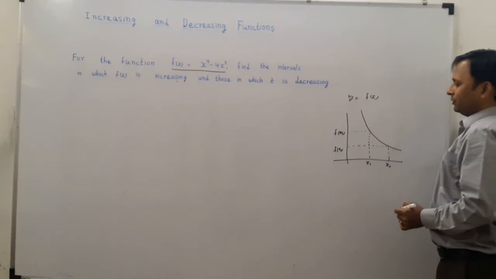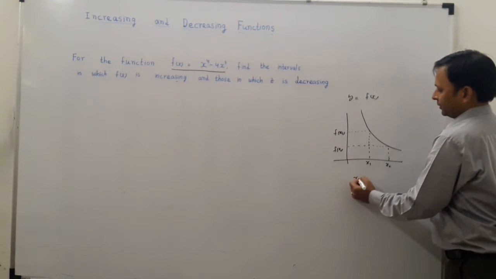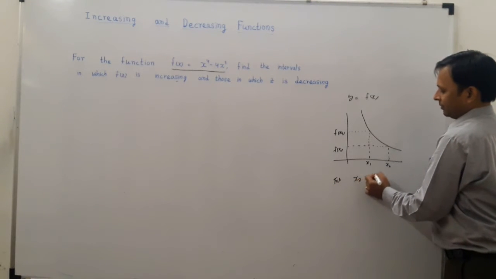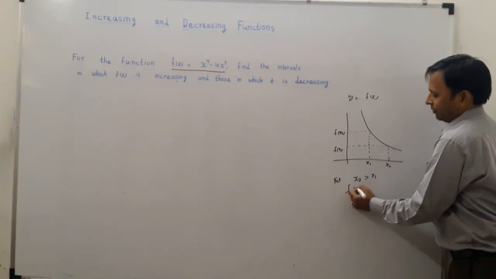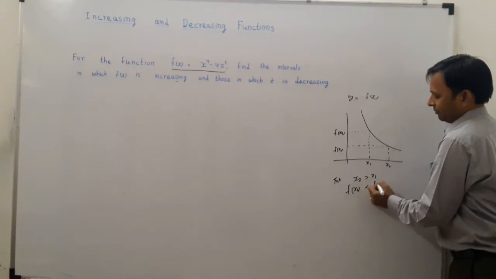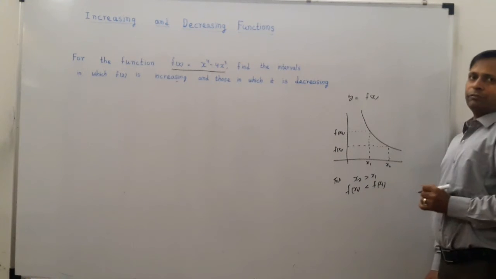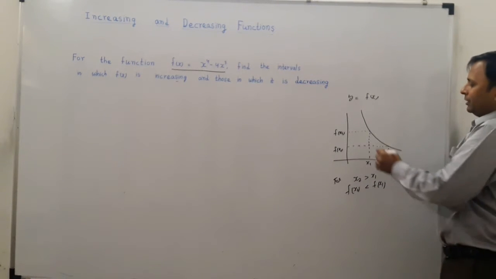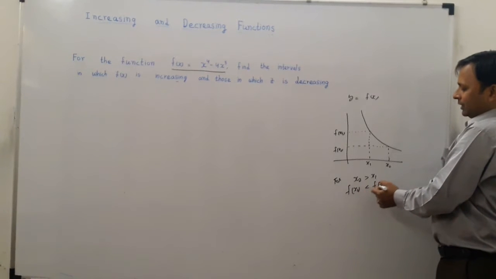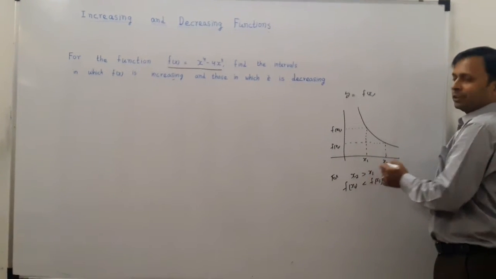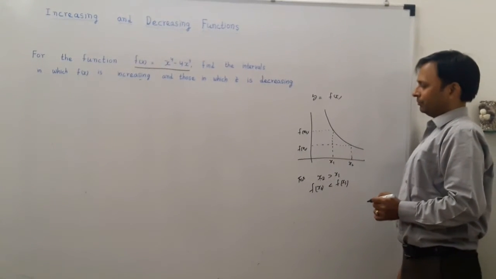Now here if you see, for any values x2 greater than x1, you will find f of x2 is less than f of x1. So such kind of function is called a decreasing function, wherever f of x2 is less than f of x1 for x2 greater than x1.